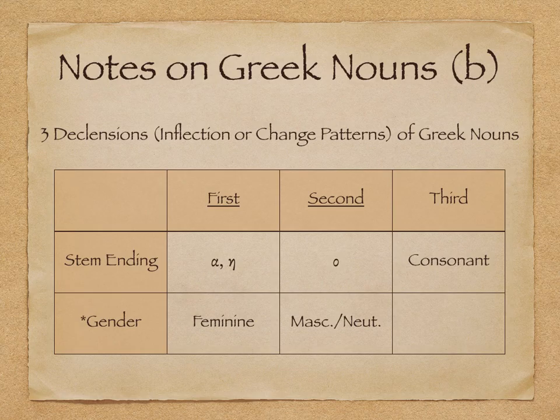This chapter and set of chapters that we're working with this week, we're concerned just with the first and second declensions. First, gender is normally feminine, and second, masculine and neuter. So first and second declension stems end in vowels, specifically alpha, eta for the first declension, omicron for the second declension, consonants third.